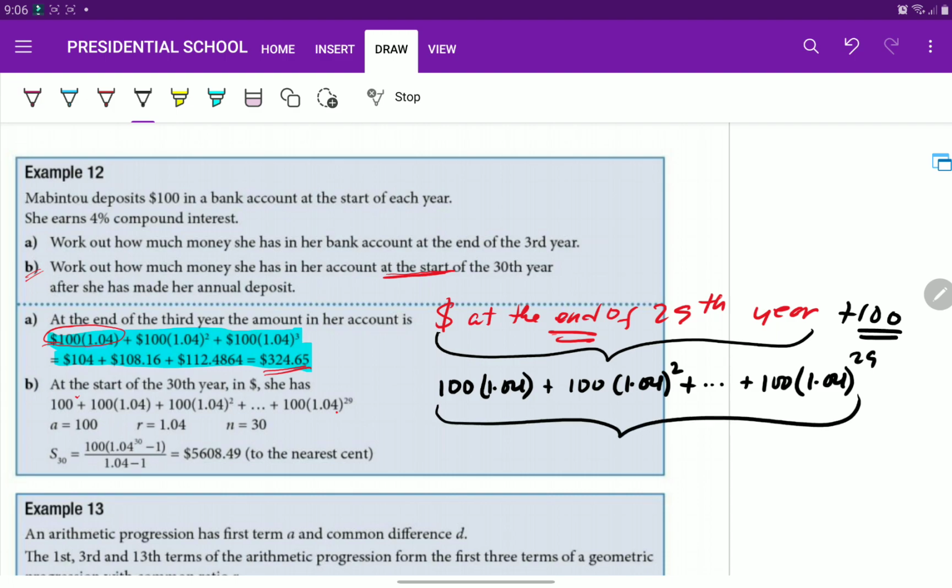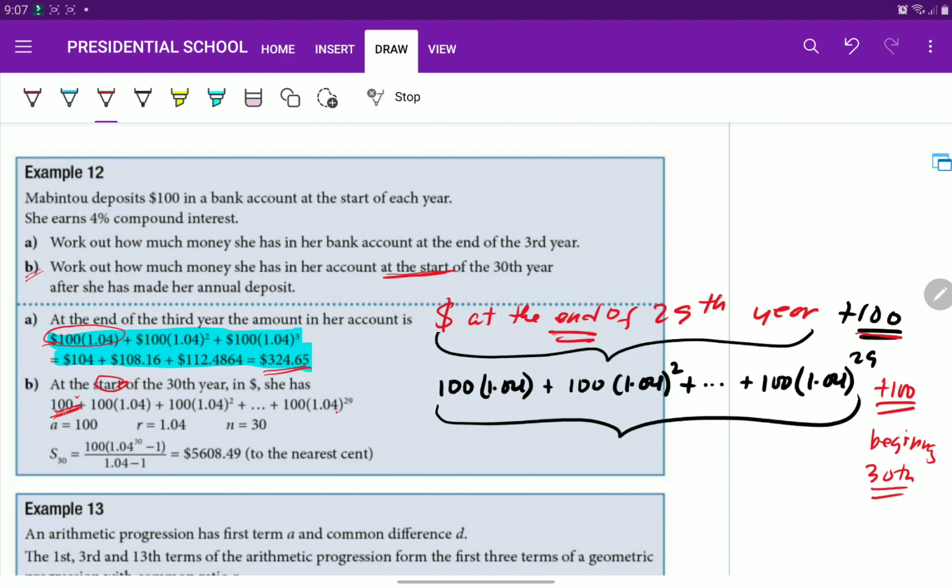Then she made a deposit of 100, the 100 that she deposited at the beginning of the 30th year.